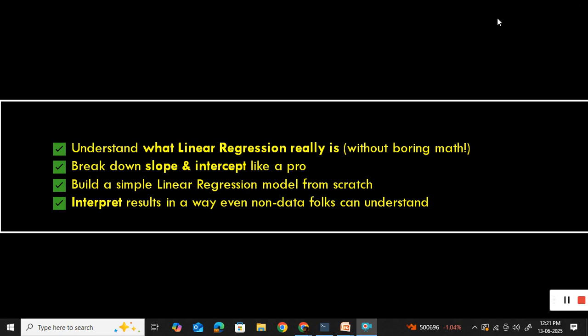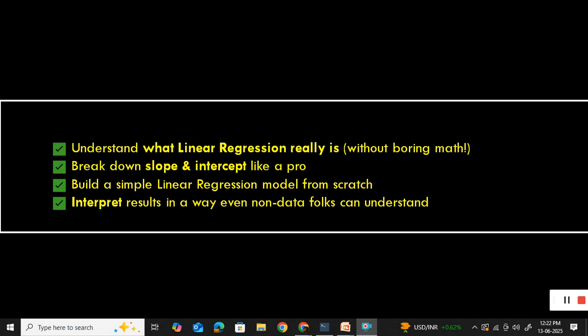Build a simple linear regression model from scratch, and then we will proceed with exploring how to interpret the linear regression model output. Training a machine learning model is not sufficient. You need to reuse the trained machine learning model to make a prediction about new observations, new events, or a new customer profile, right?